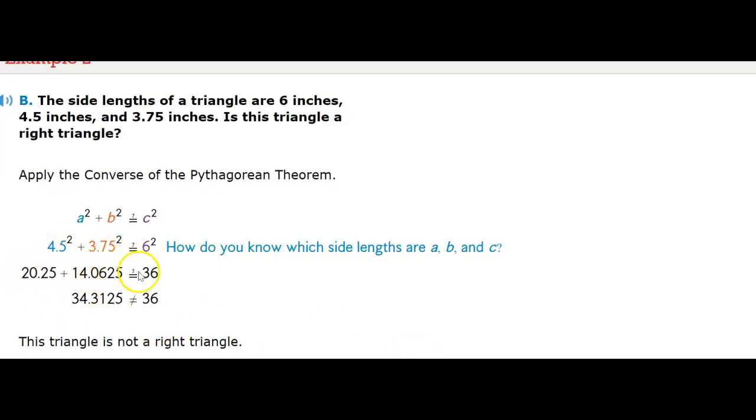Once you solve for them, they are not equal to each other, so this triangle is not a right triangle. Now, how do you know which one works? Well, you can try them in any order. When they don't tell you which is a leg or hypotenuse, you just try them in all the different places, and when it works, then yes, it's a right triangle. But if no matter which number you put where it doesn't equal on either side of the equation, then it is not a right triangle.